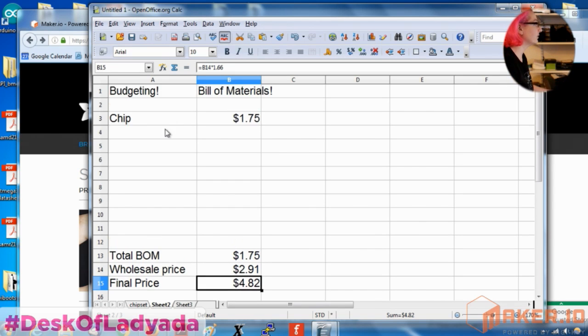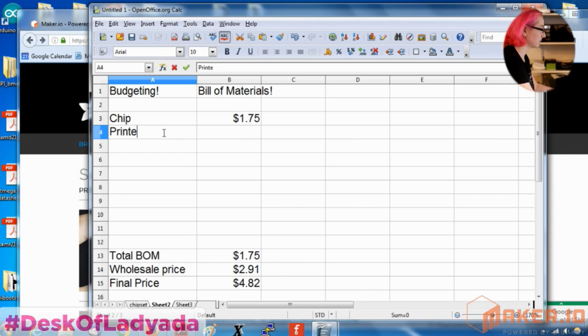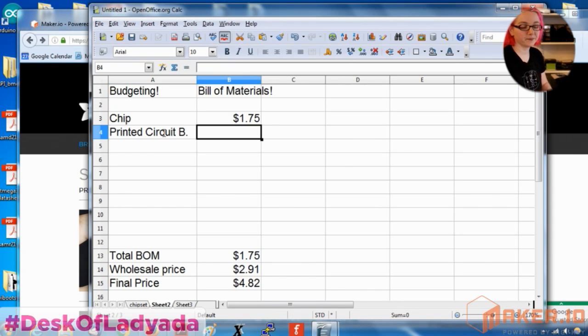Okay, the other thing we definitely need is the printed circuit board. You can go online and basically figure out how much a PCB costs. You can quote PCBs. If you have a rough idea of how big it is, can you go to the overhead real fast, because I'll show what we're basing this off of.